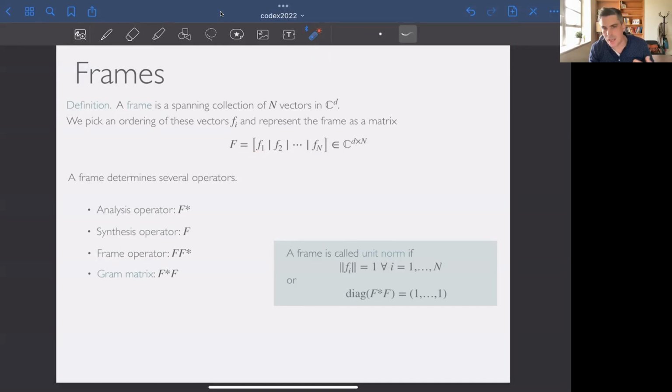This corresponds to saying I want all my measurements to have the same power. Another way to say that is that the diagonal of the Gram matrix, which is just the matrix of all the inner products of the frame vectors, is just the squared norms of all the frame vectors. So saying that a frame is unit norm is saying that I'm specifying the diagonal of the Gram matrix.